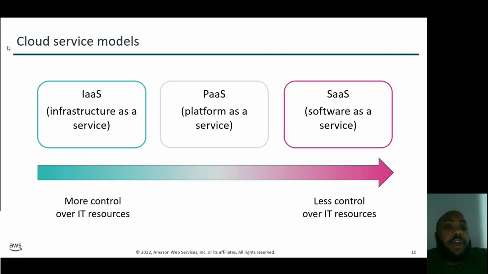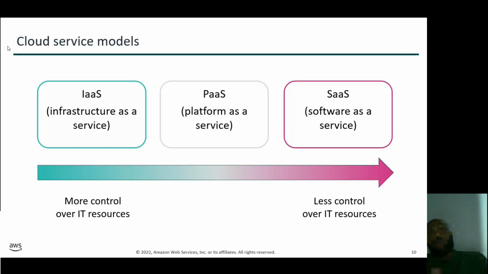Now, what happens is as you move from infrastructure as a service to software as a service, your dependency on IT resources and the stuff that you would need goes less and less. The more you need to control, the more resources you have, and the more infrastructure you're building.